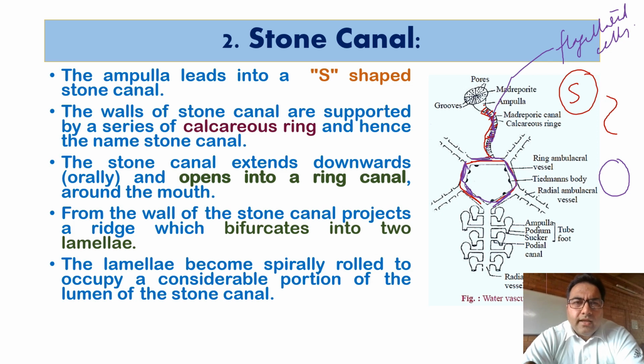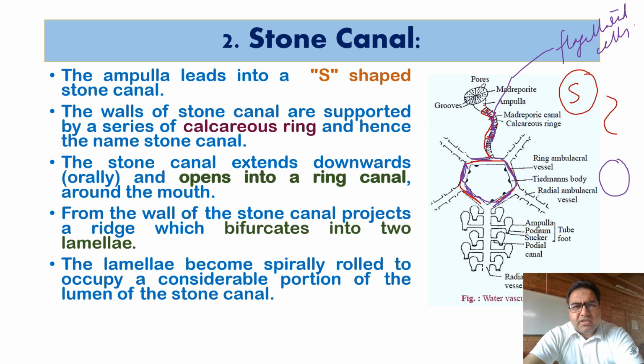The stone canal remains a simple tube, but in adult Asterias the lumen possesses a prominent ridge with two spirally rolled lamellae.